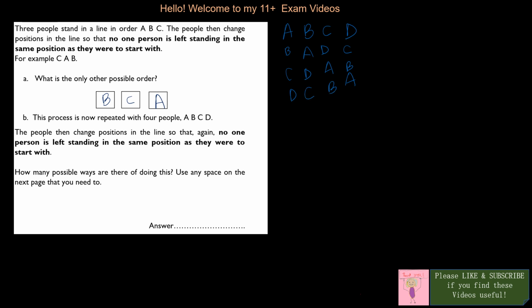So this way you can see that none of the positions are being repeated for any one of the people. Each time they have different positions. Okay, so how many options are there? There is 1, 2, 3 and 4. So there are 4 possible ways of doing this. So that's your answer, and this is the way to do it.